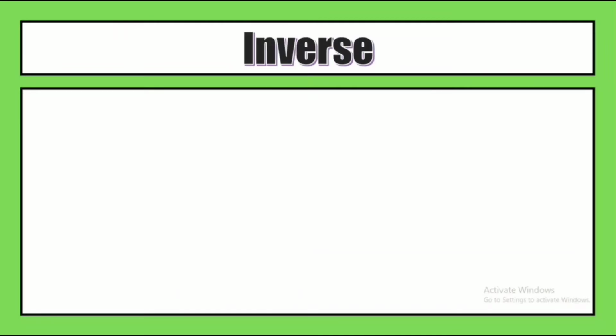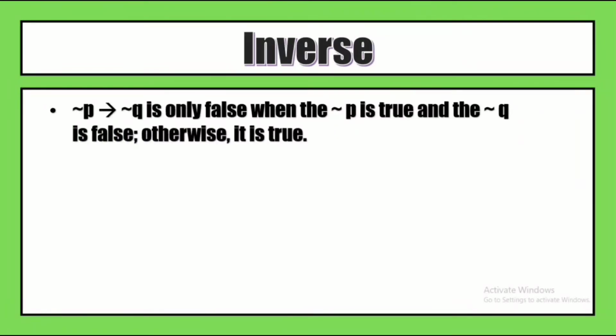Okay? The next is the inverse. When we talk about inverse, if the negation of P, then the negation of Q is only false when the negation of P is true and the negation of Q is false. Otherwise, it is true. So, dito naman sa inverse, meron tayong negation, no? So, kaya inuna kong tinuro yung negation kasi gagamitin natin siya sa inverse and contrapositive.